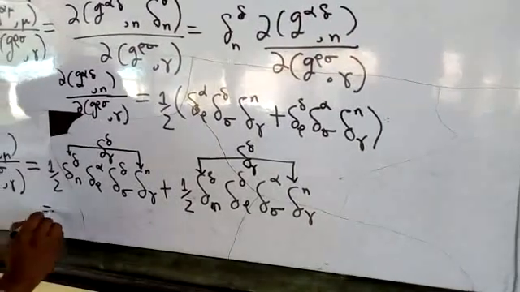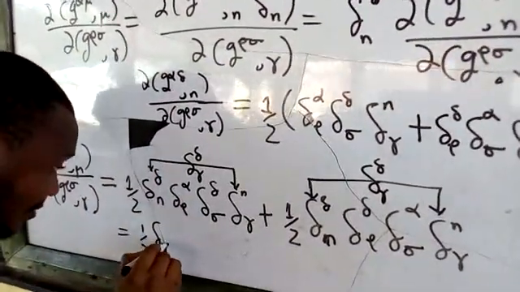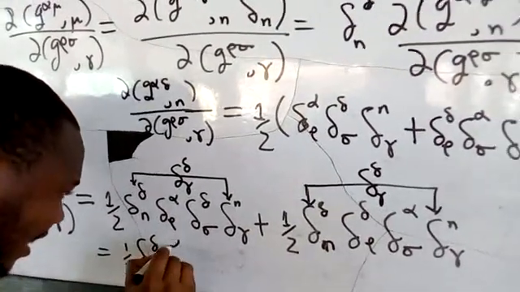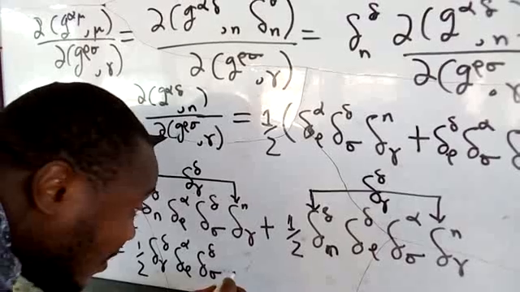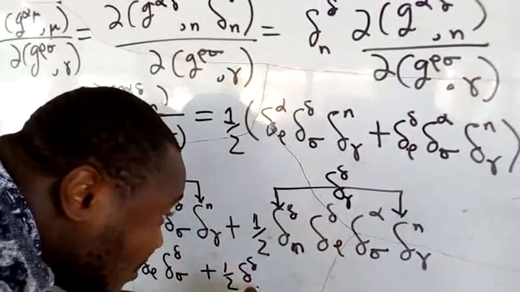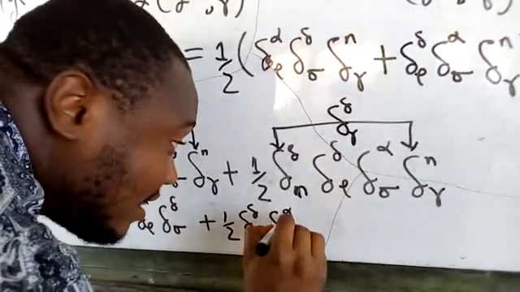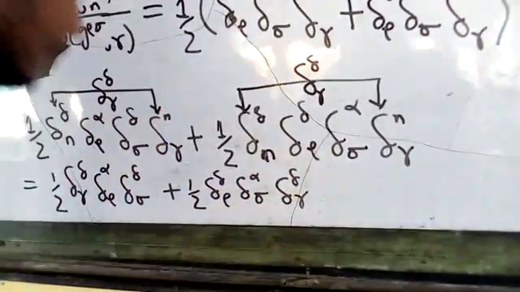So in the next term, I'll simply say 1 over 2, instead of any of this, I have gamma, delta, here alpha, rho, Kronecker delta, delta, sigma. And then I have plus 1 all over 2, Kronecker delta of delta, rho, Kronecker delta, alpha, sigma, and then of course Kronecker delta, delta, gamma.